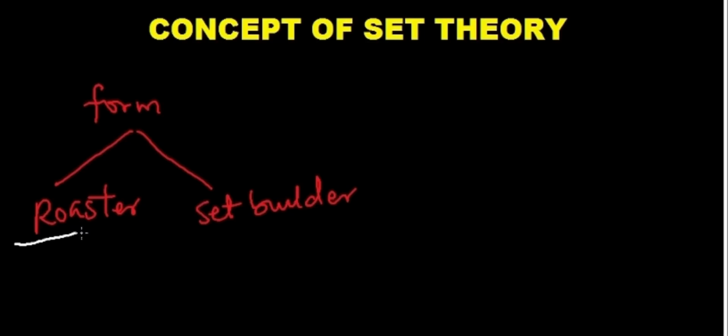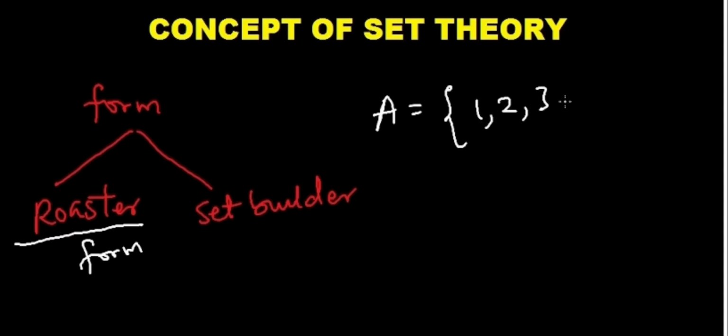When we talk about roster form, we are saying that in this type of set representation, the elements are clearly spelled out. They are clearly defined. We can see them. We know where they start and where they end. We recognize the whole membership of the set. For example, if I have a set A, actually it can be any letter, B or C, depending on what you're working on, A = {1, 2, 3, 4}.